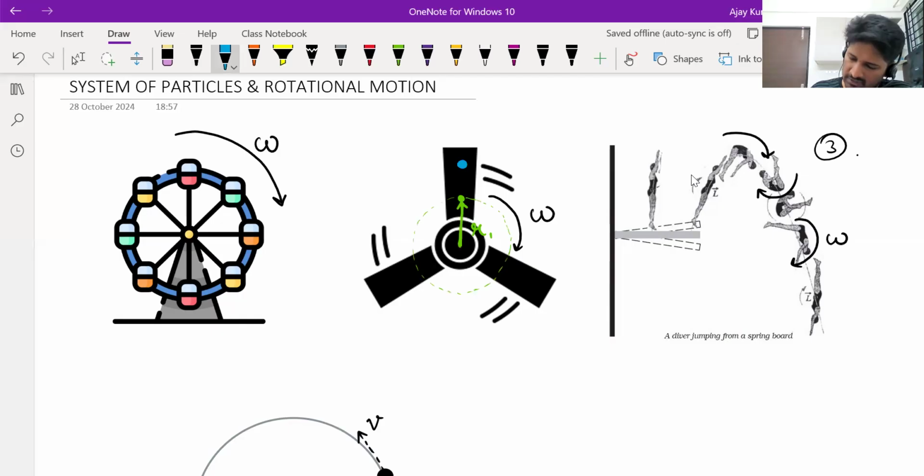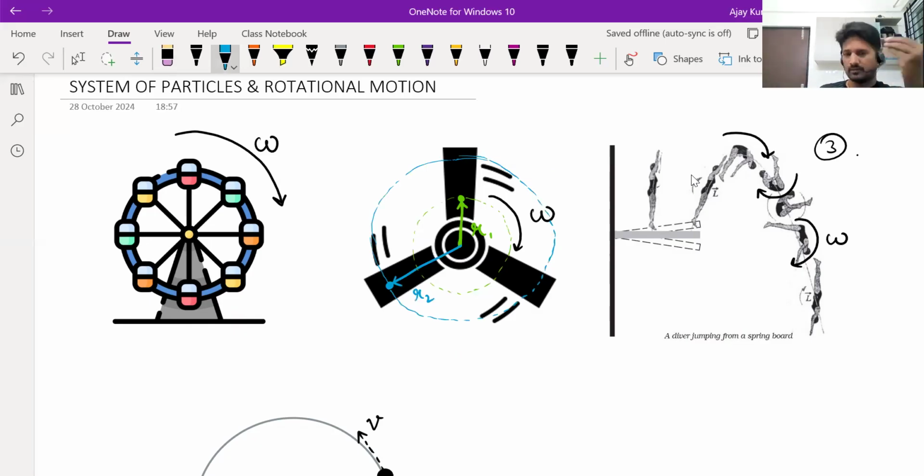I'll put it on another wing. Consider another particle here, the blue one, at a distance r2 from the center. Then as the fan rotates, the blue one also will follow a circular path like this, right?